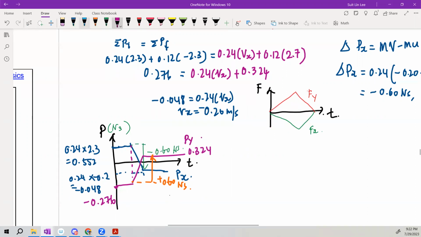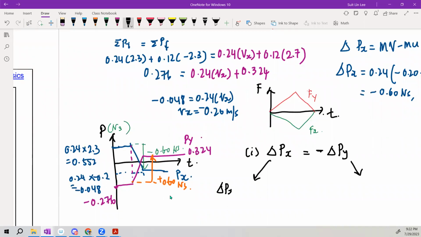Okay, so the important idea here is, number one, the change in momentum of x is the same as the change in momentum of y, but with a negative: plus 0.6, minus 0.6. Because of this, there are two ways to open it up. Let's say the first way, I think about forces. The change in momentum of x is equal to negative change in momentum of y, and the change in momentum happened in the same time period.